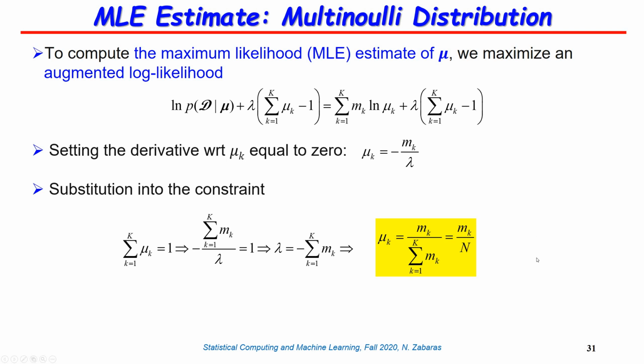Now you may say, couldn't we just state this directly without bothering about maximum likelihood, Lagrange multipliers and all of these things? Yes, we could, but this is the rigorous way of doing it. Unfortunately, in many other problems we are not going to get simple answers as you see here, and the calculations for other distributions will be much more involved than in this particular case of the Multinoulli distribution.